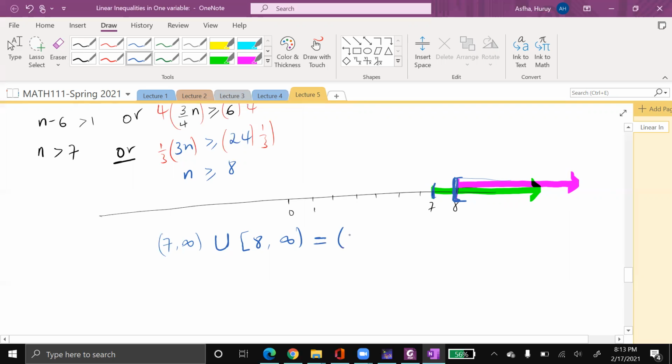Therefore, this is 7 to infinity. We're just trying to figure out which parts of the number line are shaded, and we add those two. We put them together. Therefore, that's the solution set. So I put this one in interval notation, and that becomes the right solution.